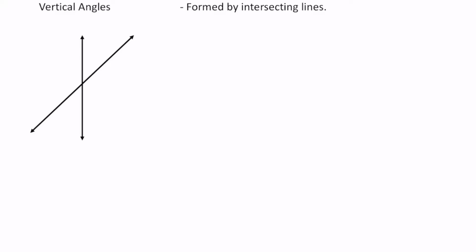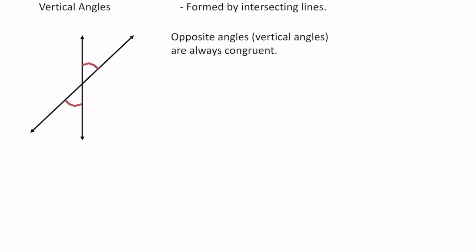So, vertical angles. They're formed by intersecting lines. So we have two intersecting lines right there. Opposite angles, or vertical angles, are always congruent. These two red lines mean that those two angles are congruent, and then double lines means that those two are congruent.